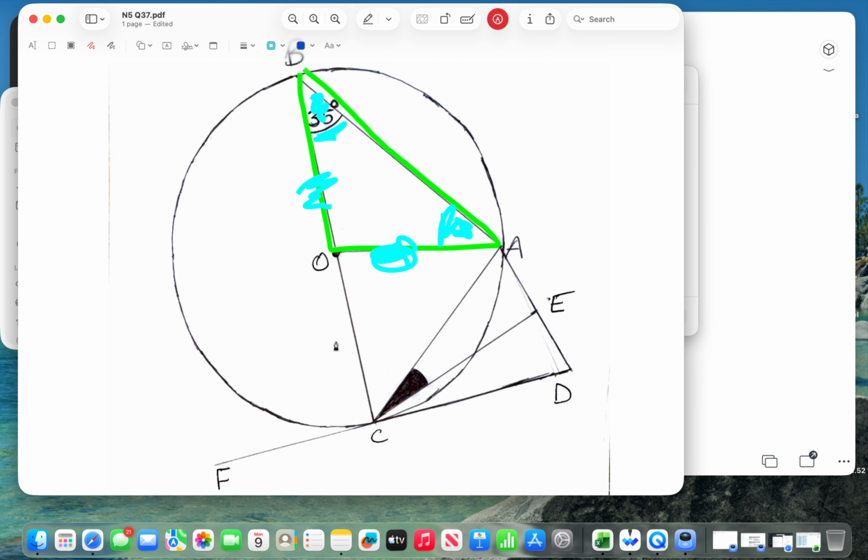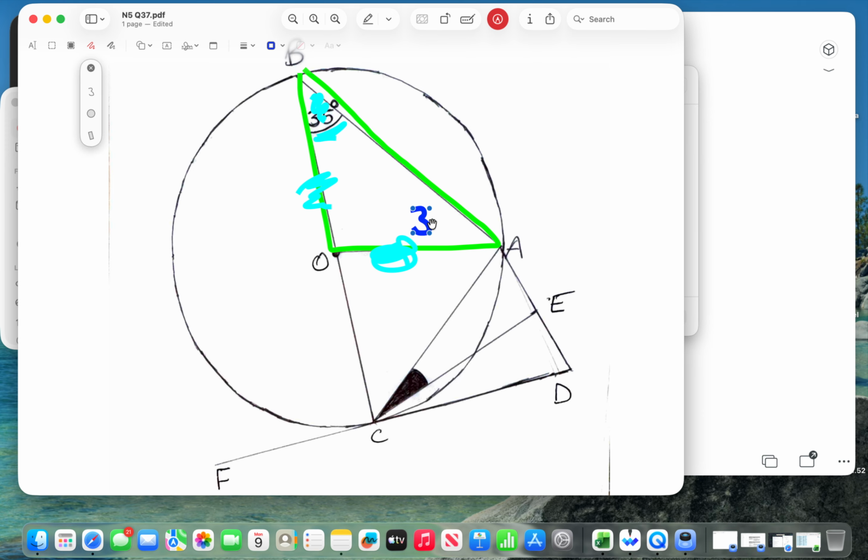Now, in a triangle, if two sides have the same length, then the angles opposite each side are the same. So this side and this side are the same, so this angle must be 35 degrees.